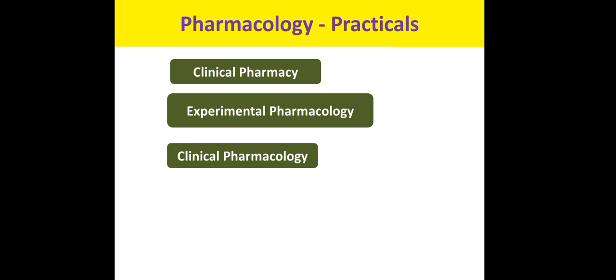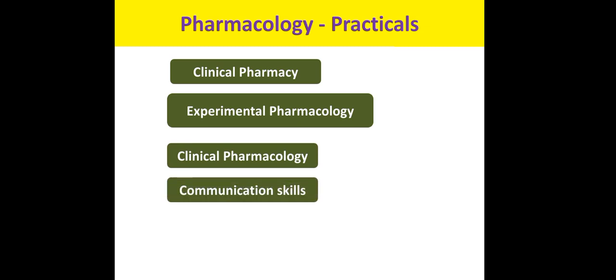So how to write the prescription, which are the components of the prescription, then the various fixed dose combinations available in the market, evaluation of these FDCs, then selection of the P drug, then evaluation of drug promotional literature. All the clinical aspects of pharmacology will be taught in this clinical pharmacology section.